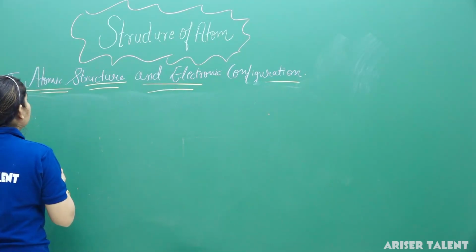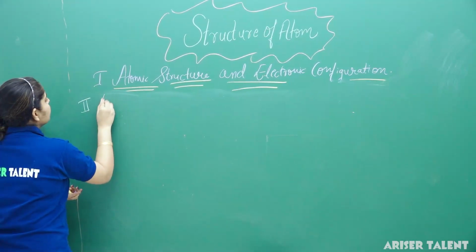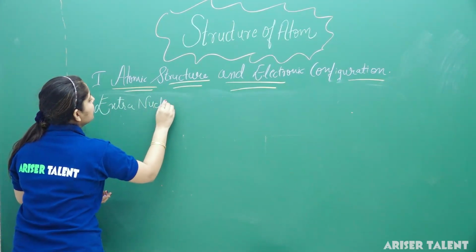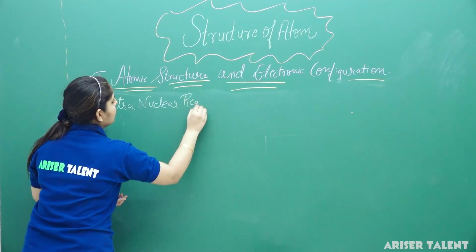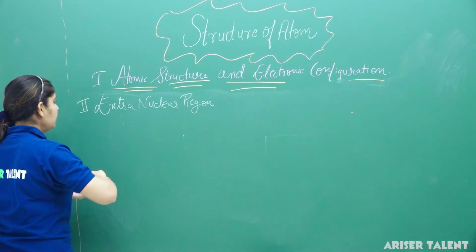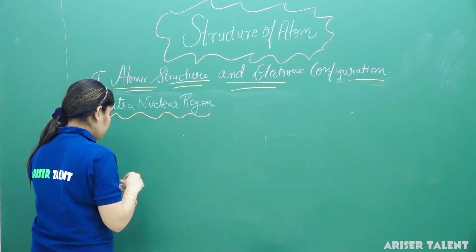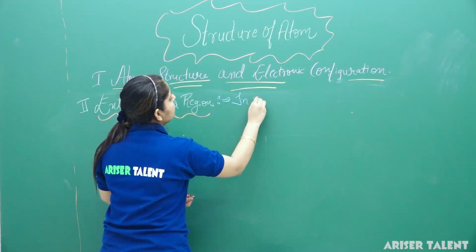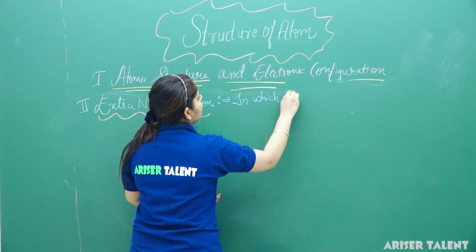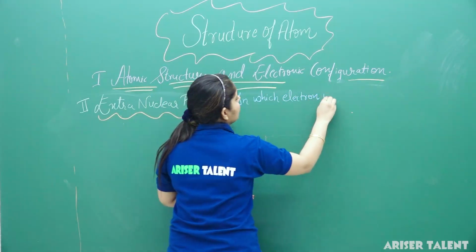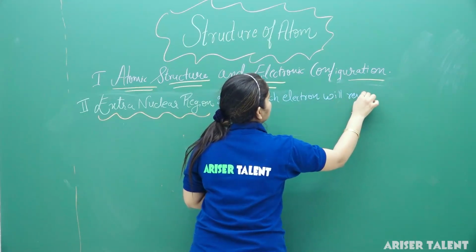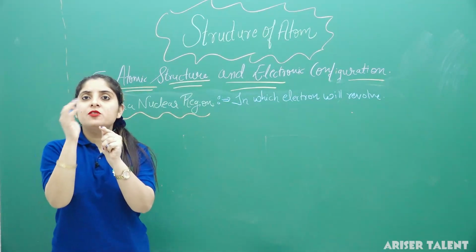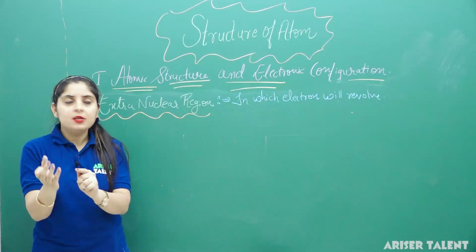So we are on our next term, that is extranuclear region. Extranuclear region is the area in which electrons will revolve around the positive sphere, and the positive sphere we have called a nucleus.